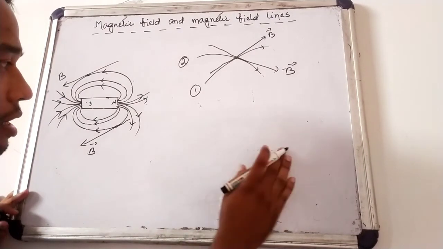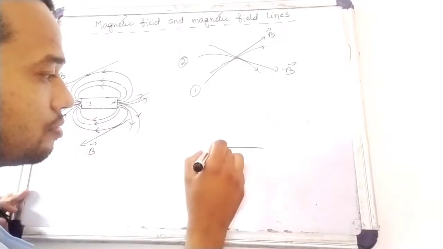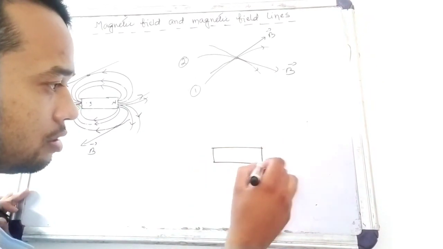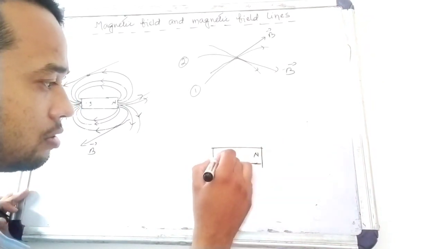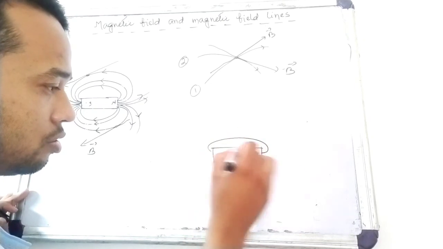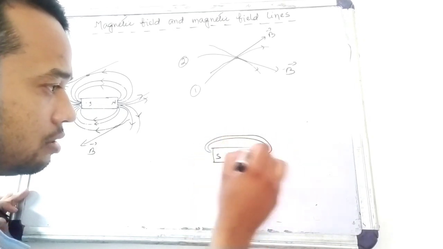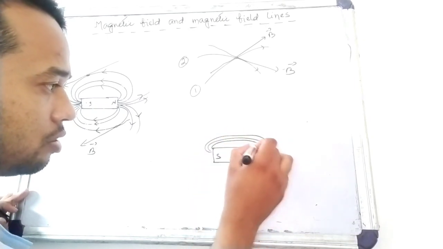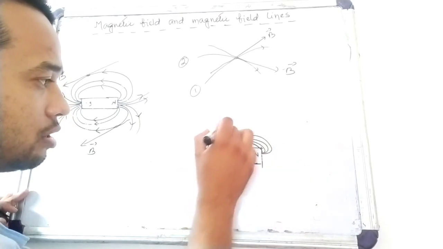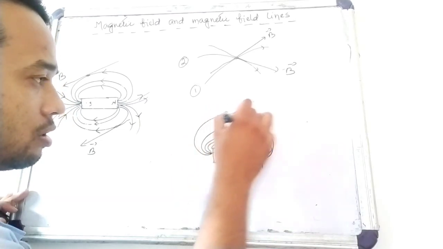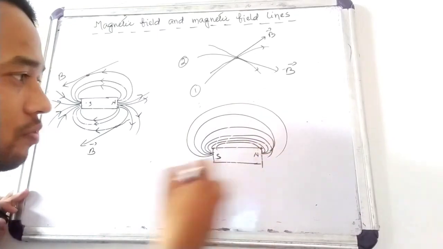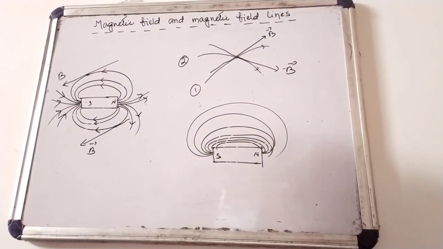Our next property is, so this is our magnet. So if we draw the field lines, near the magnet the concentration will be more, and as we go further its concentration decreases.